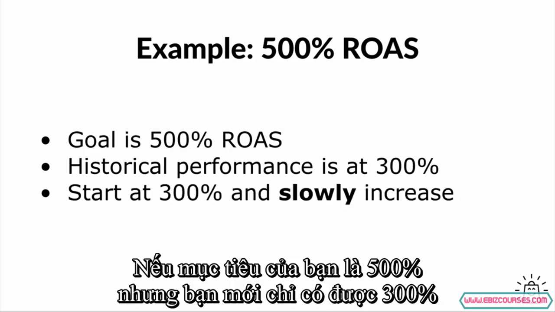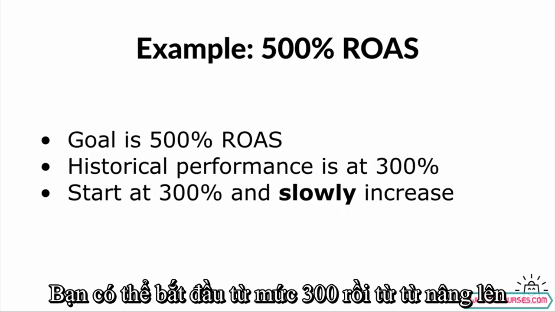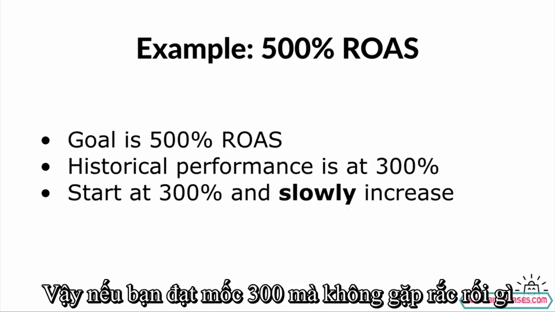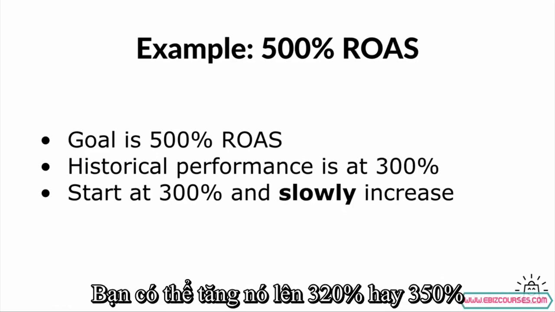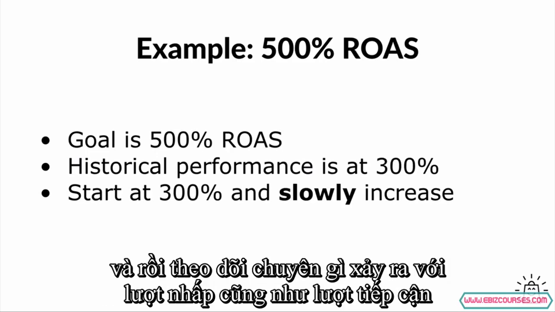But make sure that the campaigns that you do switch over have a good historical performance and that have similar products. So if your target is 500 but you're only at 300, you can start at 300 and then slowly increase. So if you're able to hit 300 without a problem, you can increase it to 320 or 350 and then see what happens with the clicks and impressions.